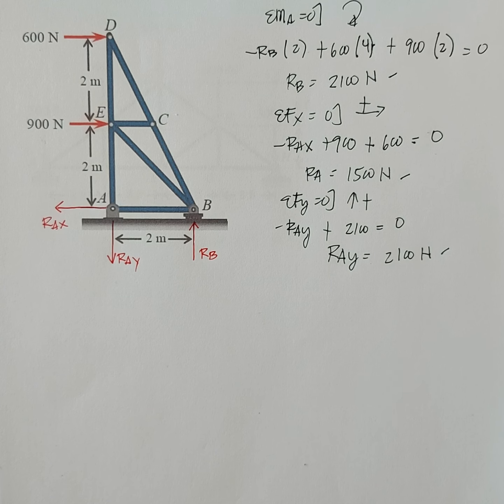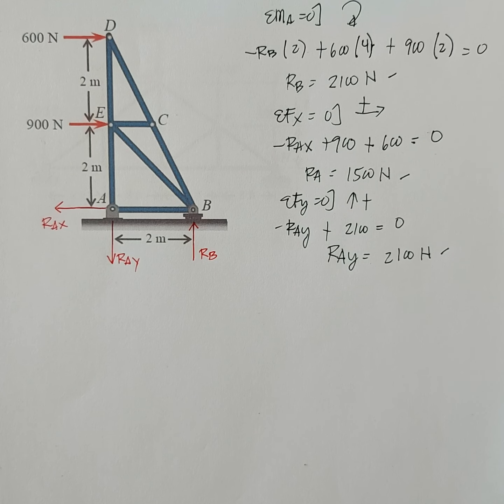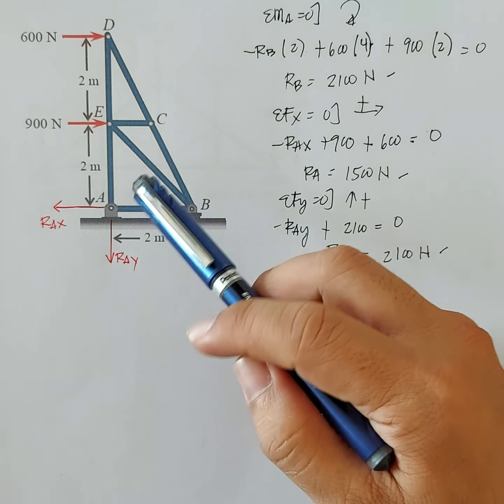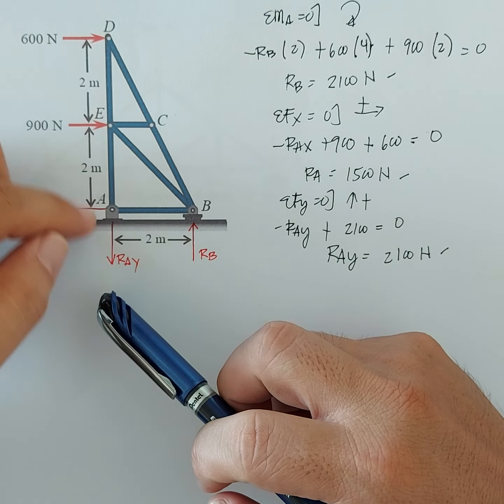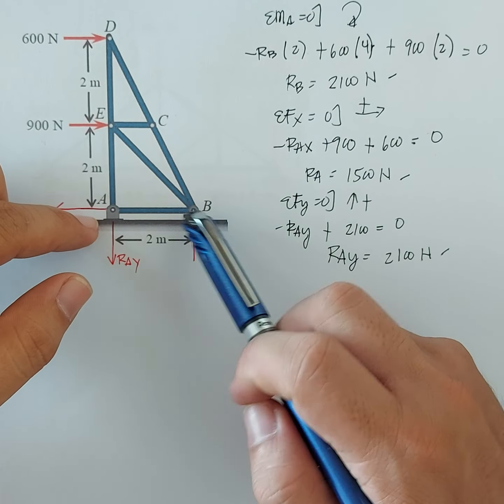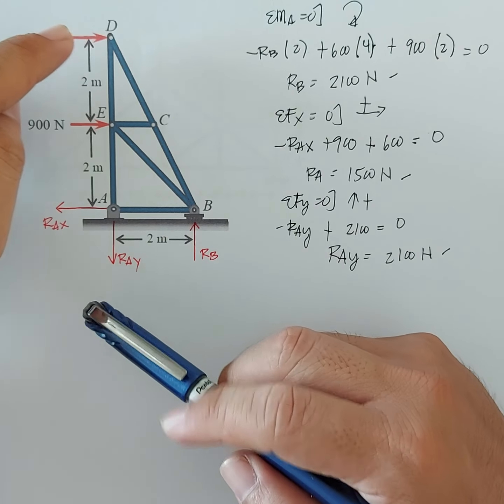So, saang joint yun in this particular problem? So, we have two possible joints for that. We have joint A. Ang unknown dyan is yung force along AE and then along AB. So, dalawa lang yan. And we can also choose joint D here. No?